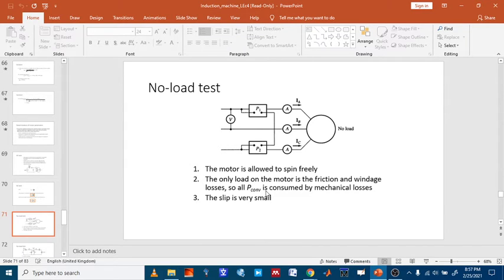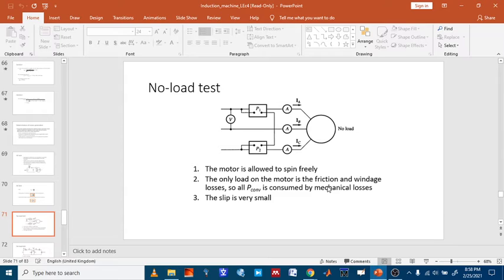So all the converted power is consumed by the mechanical losses, because there's no load connected. In a normal power system, we all know that P in should be equal to P load plus the losses. But here, in the case of the motor, there's no load connected.